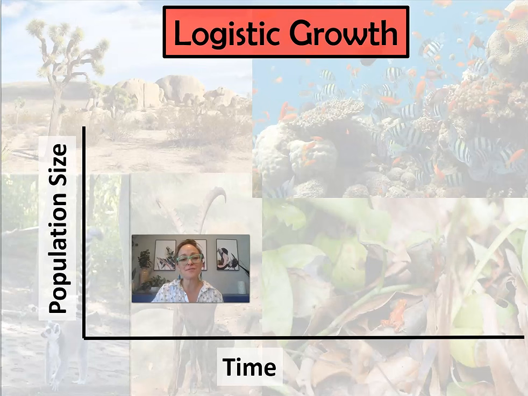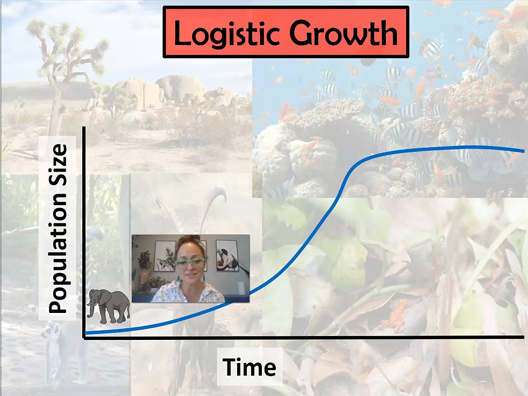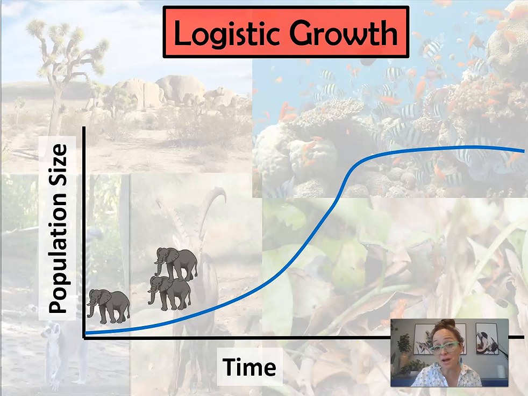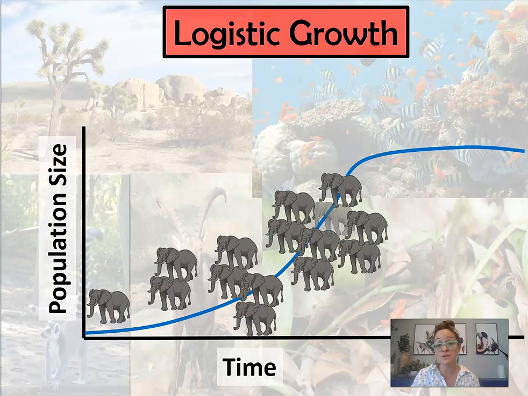So when we talk about a real life example of logistic growth, the elephants in a certain region in Africa were hunted to almost extinction in the 1960s for their ivory tusks. And so some rules were put into place to stop poaching. And what they found was that the population underwent exponential growth as they recovered over the decades. So it was as if there were unlimited resources.